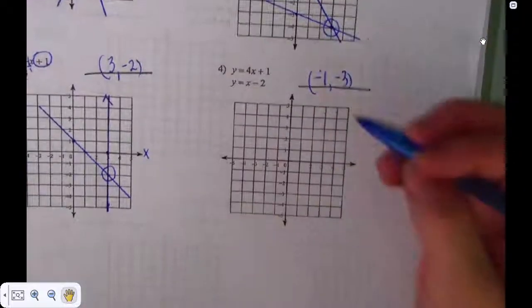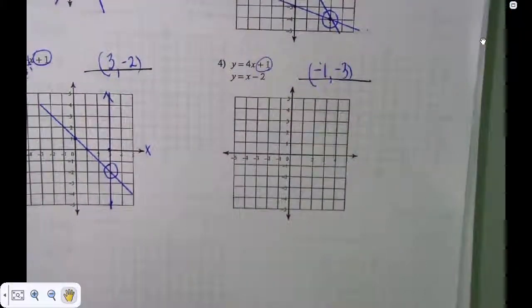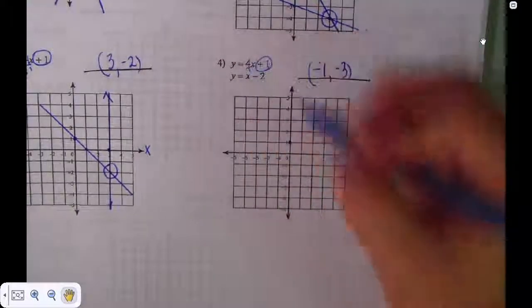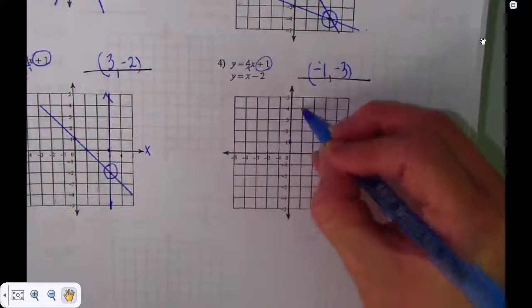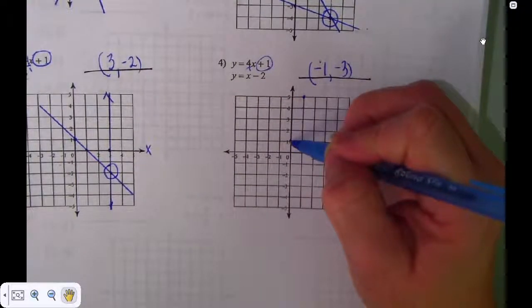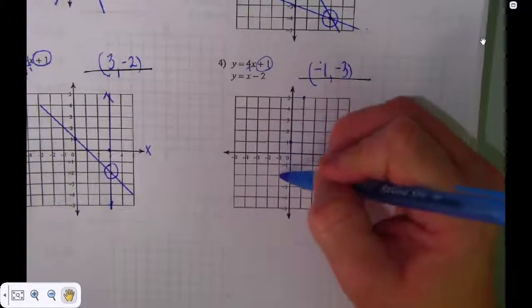Good. Okay, so here we go. Let's see how they got that. Plus 1, we're going to run 1 up 4. Or I could put negative on both of them. Negative 1 down 4.